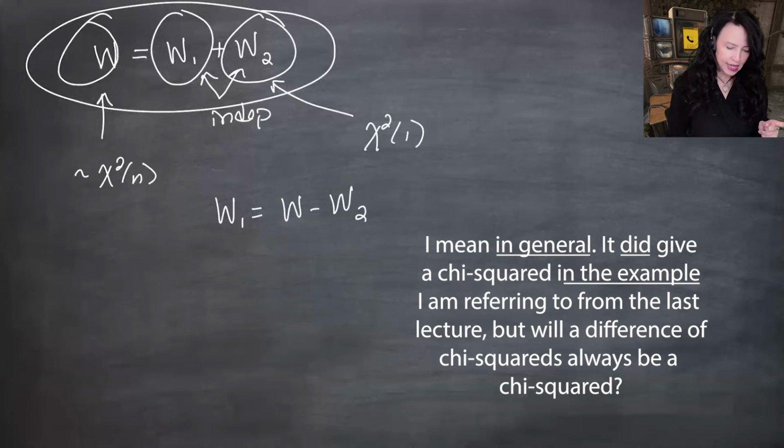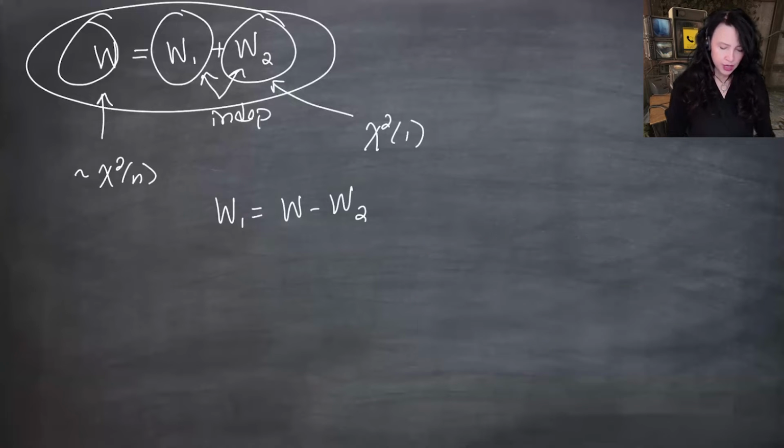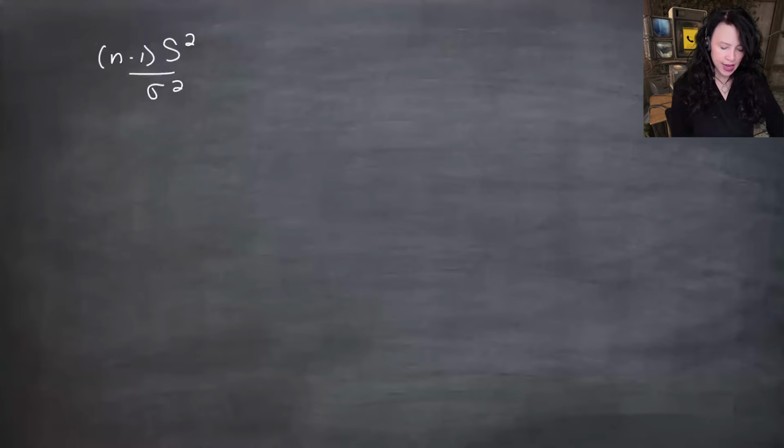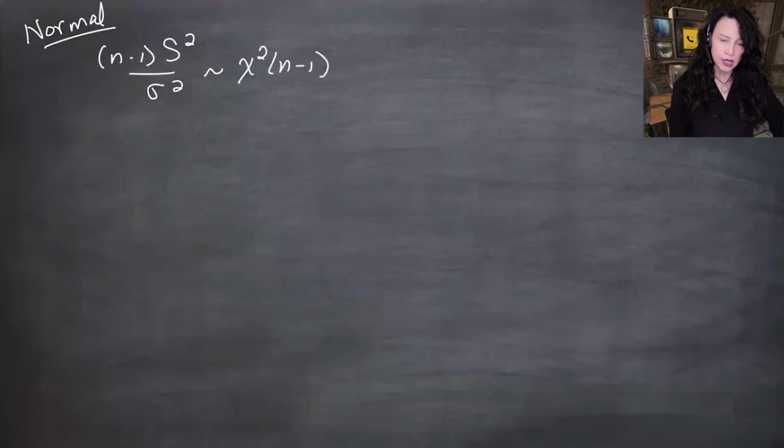The other thing is I kept promising you that we would talk about degrees of freedom and what that terminology means. Last time we worked a lot with the sample variance, and we showed that if you start with a normal distribution, this statistic here has a chi-squared distribution with n minus 1 so-called degrees of freedom.